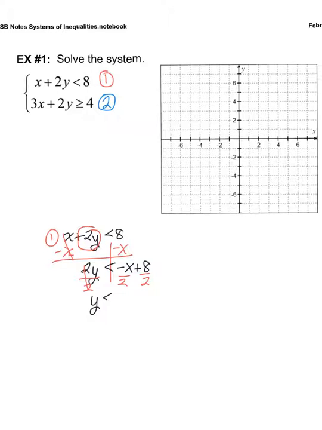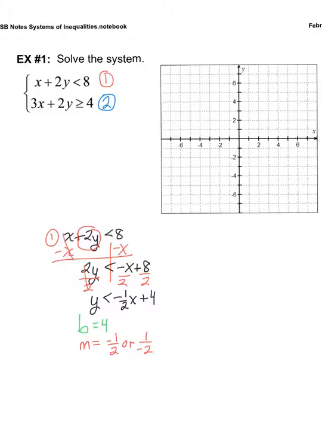So I have y less than. If you take x out of this fraction, you've got a negative 1 up top and a 2 on the bottom. So I have negative 1/2 x. 8 divided by 2 is 4. So my y-intercept is 4, and my slope is negative 1 over 2, or change both signs, 1 over negative 2.